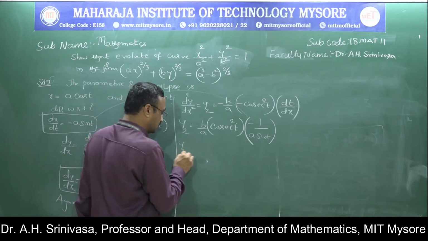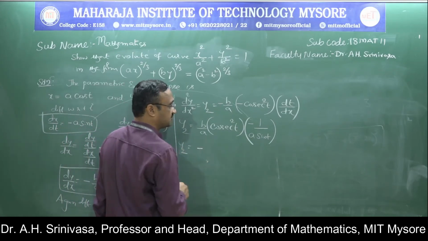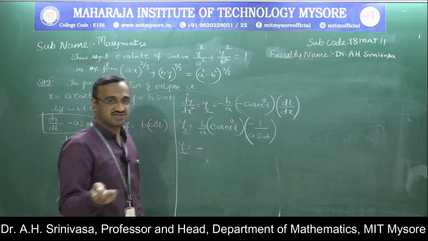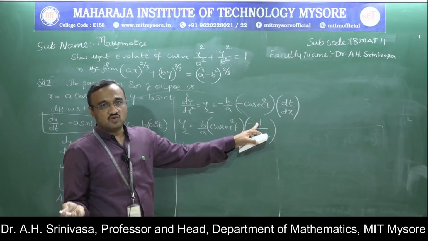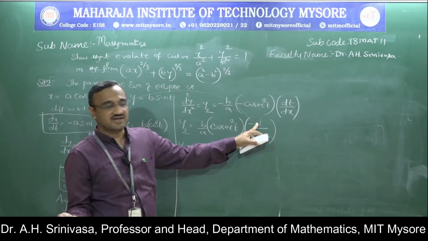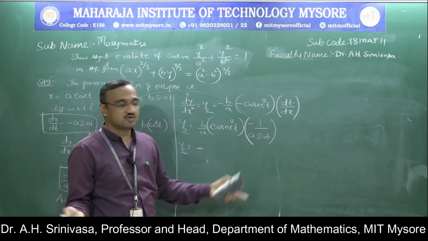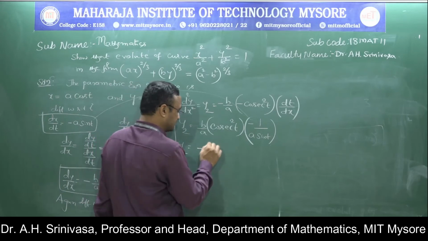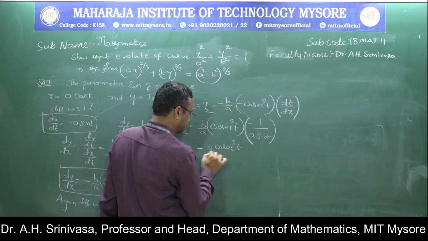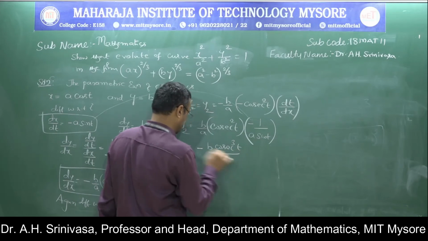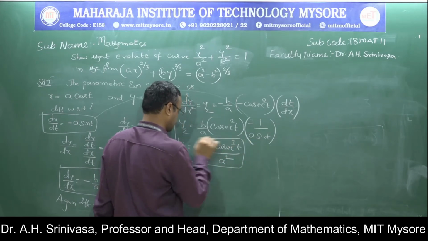And finally we got y2 is minus times of 1 by sin, which is cosecant. We know the reciprocal of sin is cosecant. So y2 is minus b cosecant cube t divided by a square.